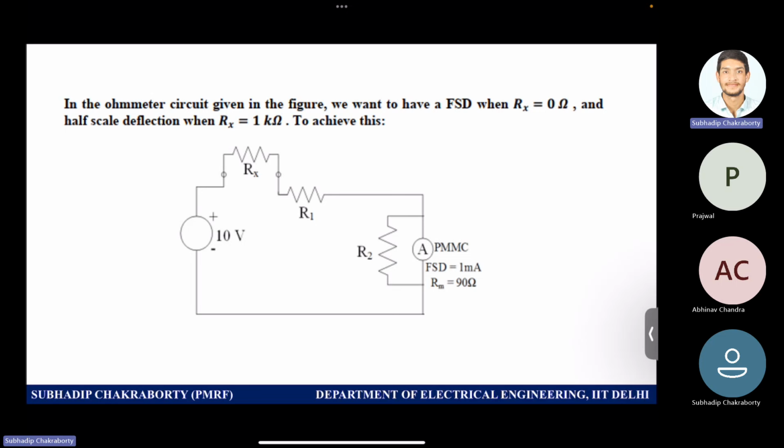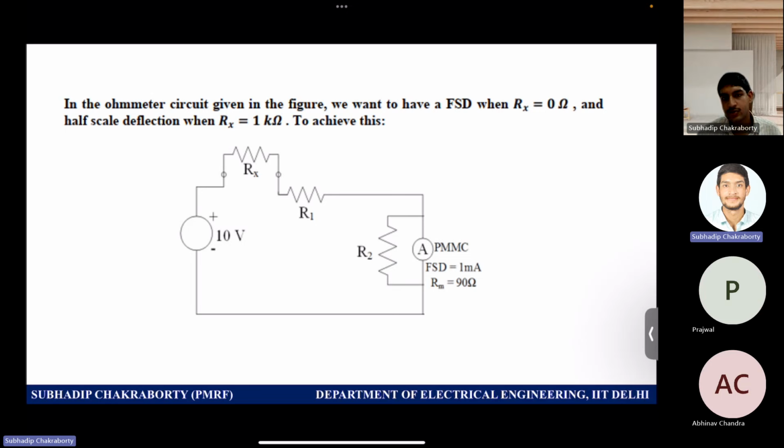So Rx is a variable resistance, right? Where it is varying from 0 to 1 kilo ohm and you have the varying deflection scales. And the meter is a PMMC meter, okay? Yes, sir. So what you want to achieve is a half scale deflection when you put the value of Rx to be 1 kilo ohm.